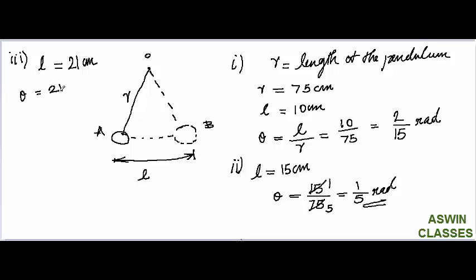So theta is equal to arc length 21 by radius 75. 3 is common here, you can factor it: 7 times 3 is 21 and 25 times 3 is 75. So 7 by 25 radian. Clear?